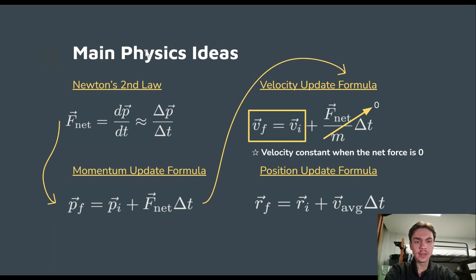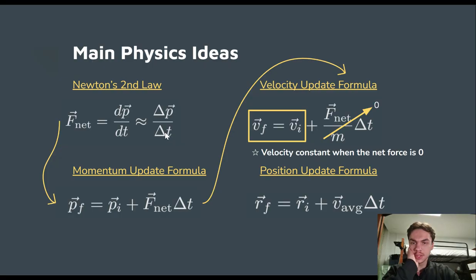The main physics ideas at work here start from Newton's second law, which is essentially the momentum principle, where the net force on an object is equal to the change in momentum over the change in time, when the time interval is small enough.